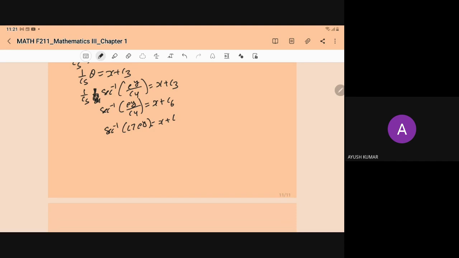Actually there is a constant multiple, so that we can avoid it here. You are saying that it is c5x plus c6, so I am writing that as x plus c6. So here we have x plus c6, so it will become c7 e to power y equals sec of x plus c6.